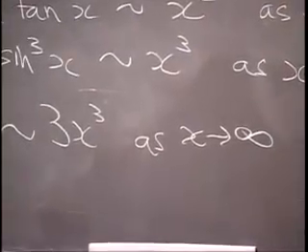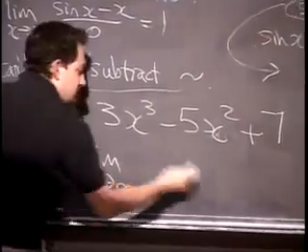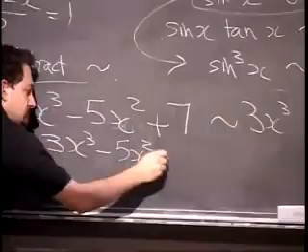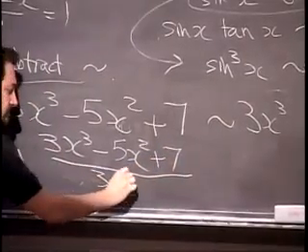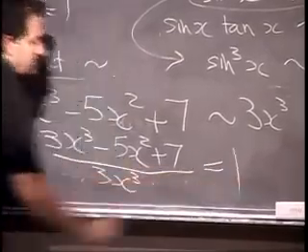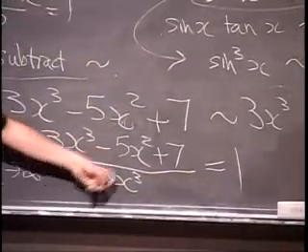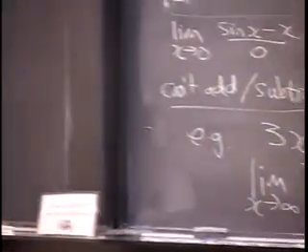Indeed, if you take the limit of the ratio of these two things, you just take the polynomial and divide by its leading term, that's going to be 1. We've seen this a lot. That's going to be 1 minus 5 over 3x plus 7 over... All of this stuff is going to vanish in the limit. It probably deserves one more line of working, but I can't bend down that much. So you'll have to do it yourself.